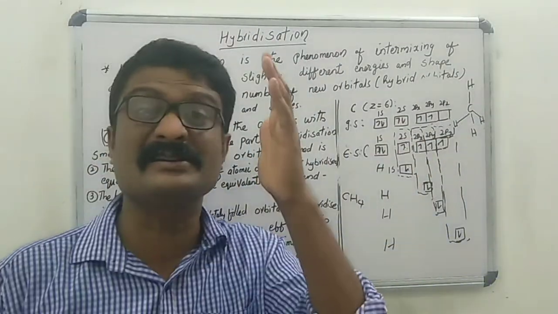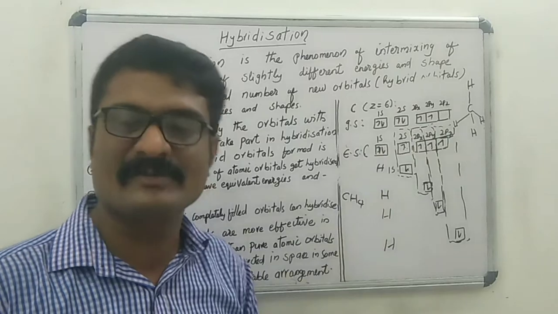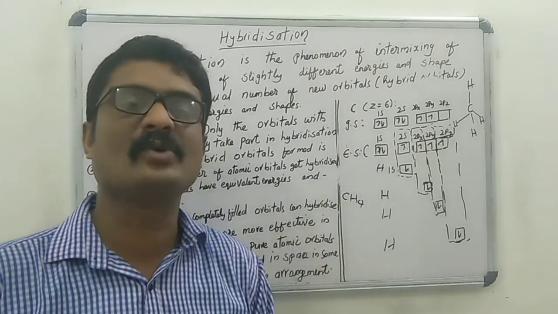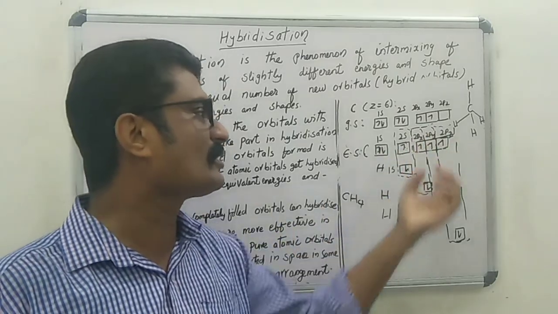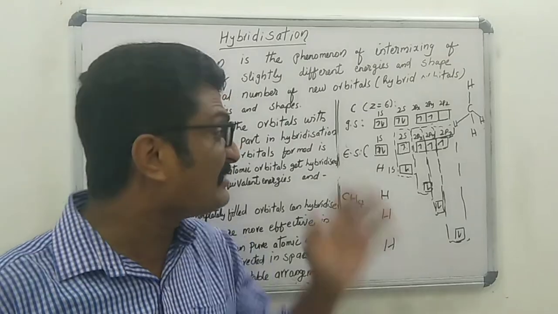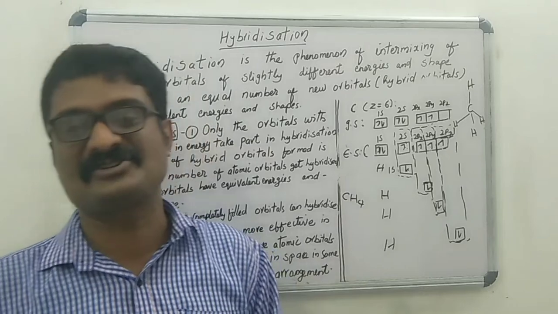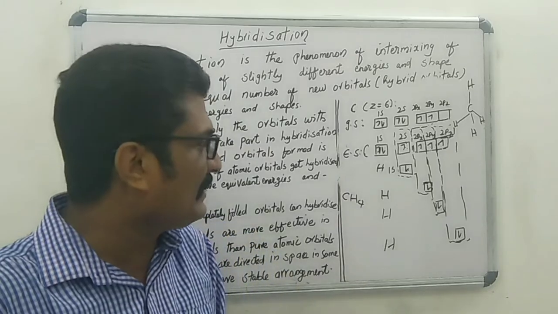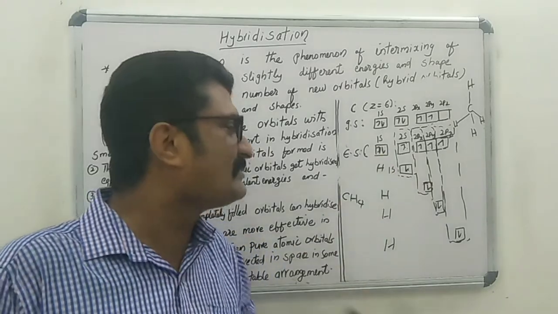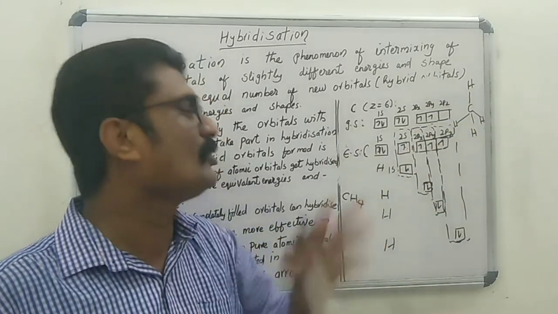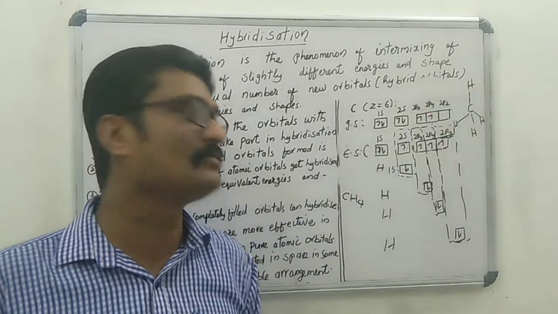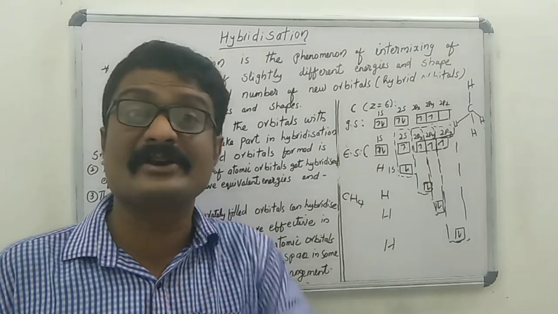The reason is that individual atomic orbitals of carbon, 2s and three 2p orbitals, having different energy and shape, take part in bond formation. Then these 4 CH bonds are not equivalent.